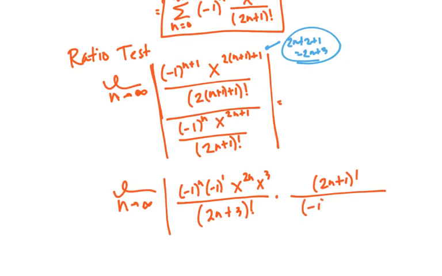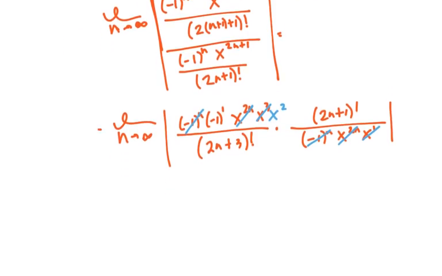And in the denominator, we have negative 1 to the n, x to the 2n, x to the 1. We could have left the other one, x to the 2n plus 1, but there we go. Those cancel. This cancels here, but we're left with an x squared. There's one left. We only took away one of those. These cancel. But it's absolute value, so that doesn't matter.